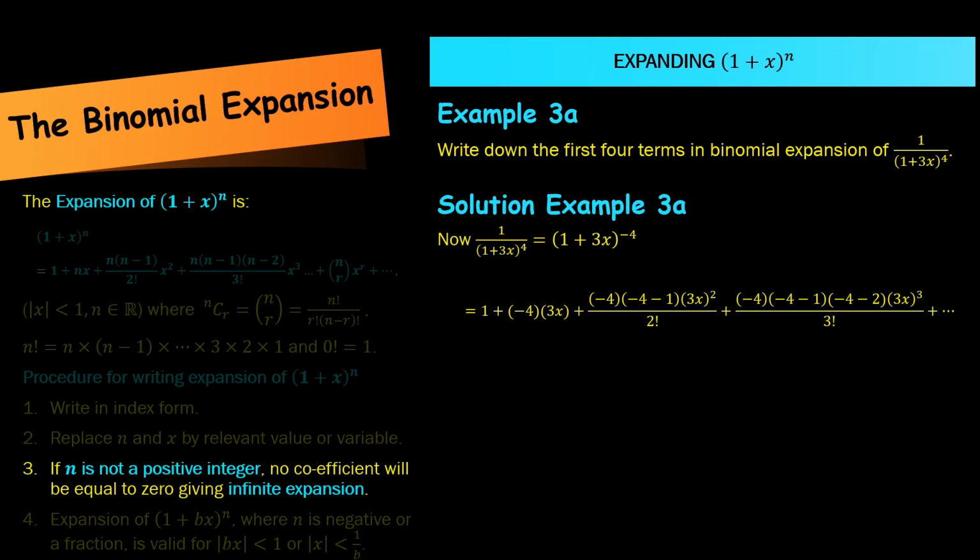Notice again that if n is not a positive integer, no coefficient will be equal to 0, and this will give us an infinite expansion. So of course our value of n is equal to minus 4. Therefore, we have an infinite expansion denoted by the 3 dots at the end of the series.